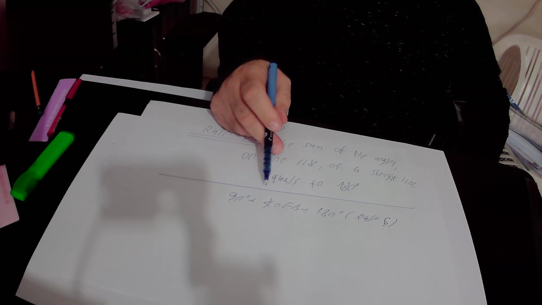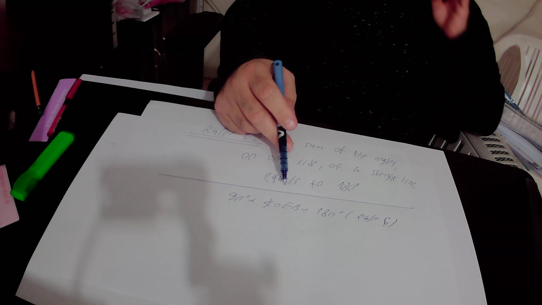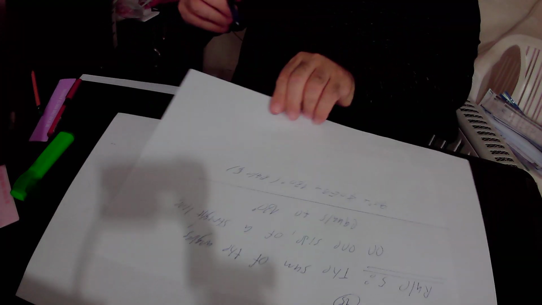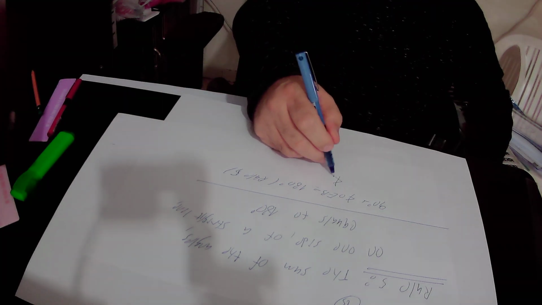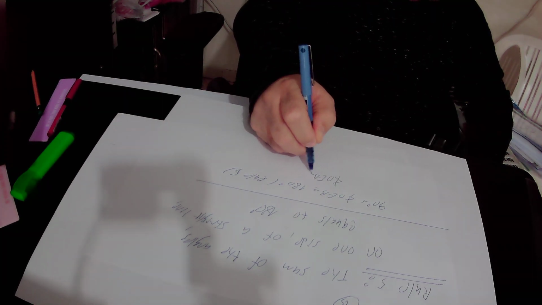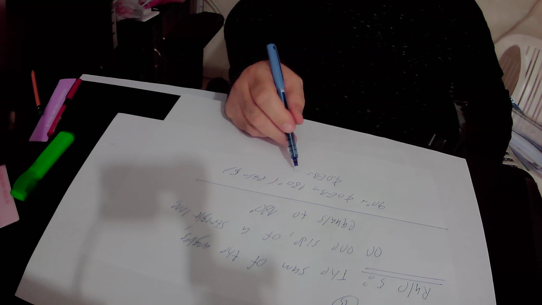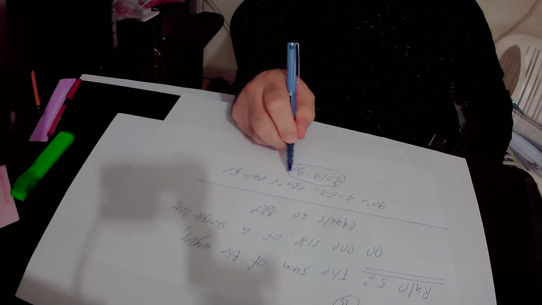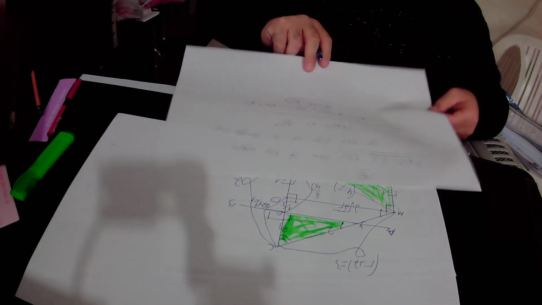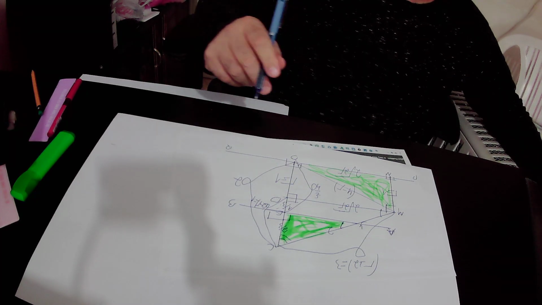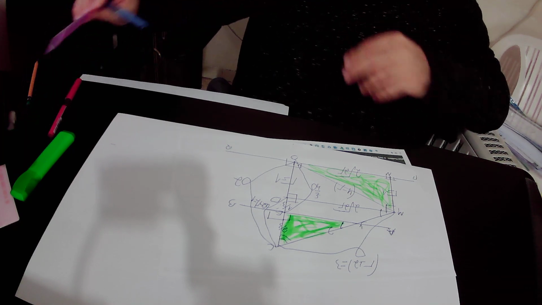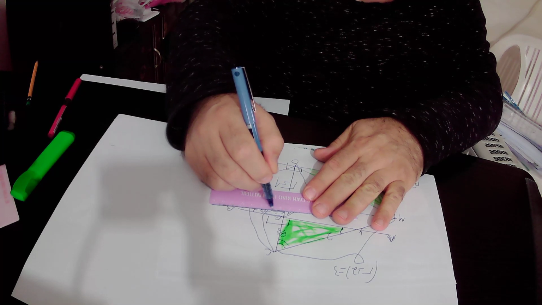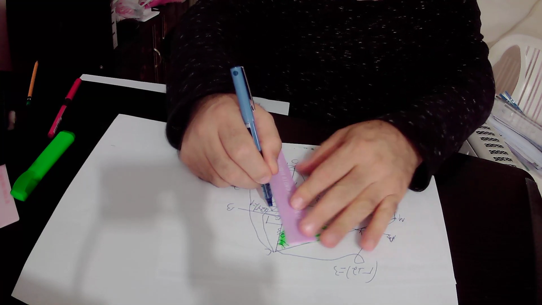Here we will subtract 90 degrees from this equality, and we will get that the size of angle OEB is 180 degrees minus 90 degrees, which is 90 degrees. So we found out that angle OEB is a right angle, it equals 90 degrees.